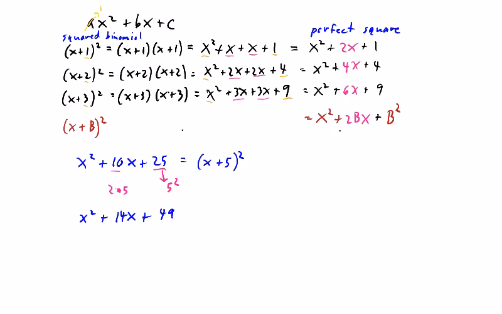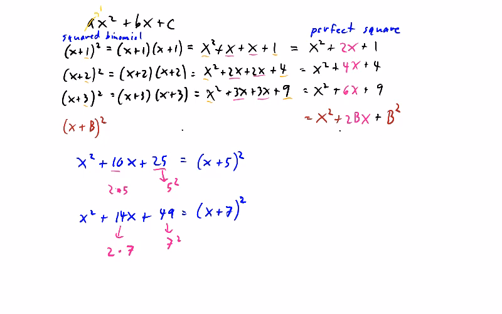The last term clearly could be rewritten as 7 squared, and the 14, sure enough, is 2 times 7. So it checks out, and it could be rewritten as the binomial x plus 7 squared. So it's a perfect square. You can check by expanding x plus 7 if that doesn't make sense right away.